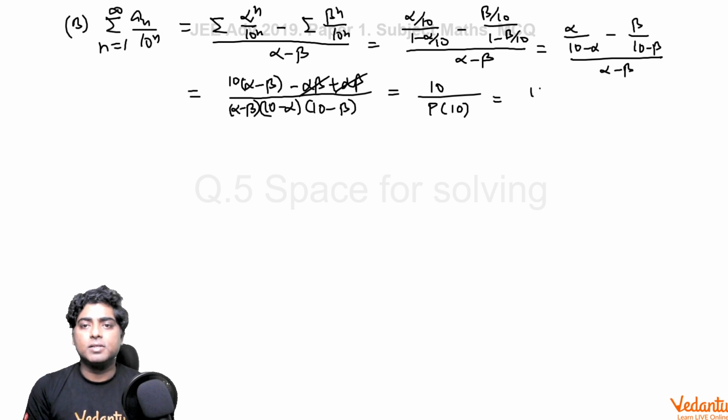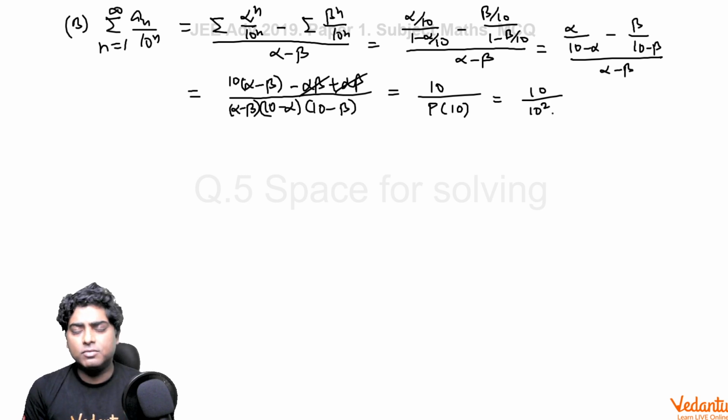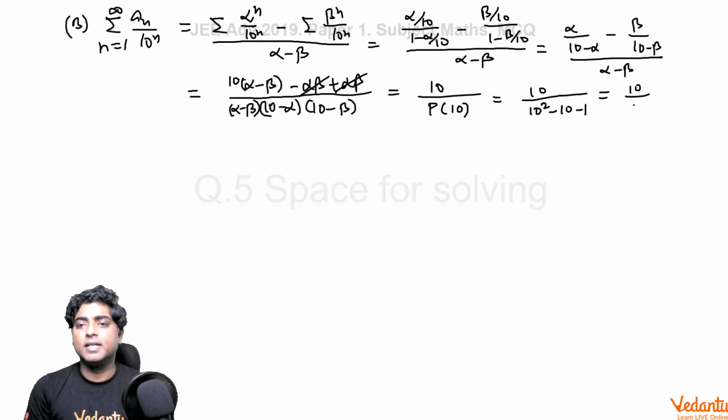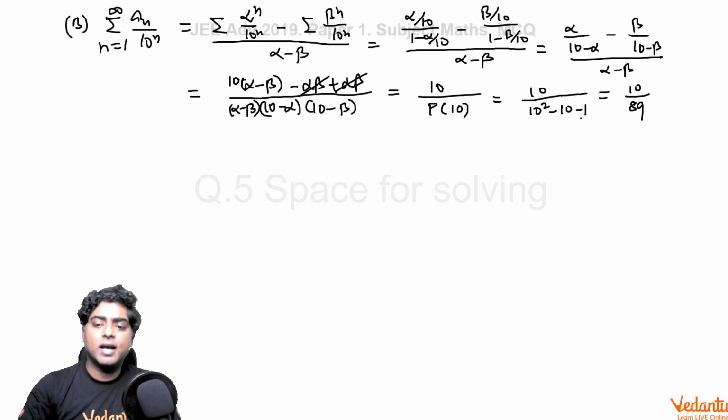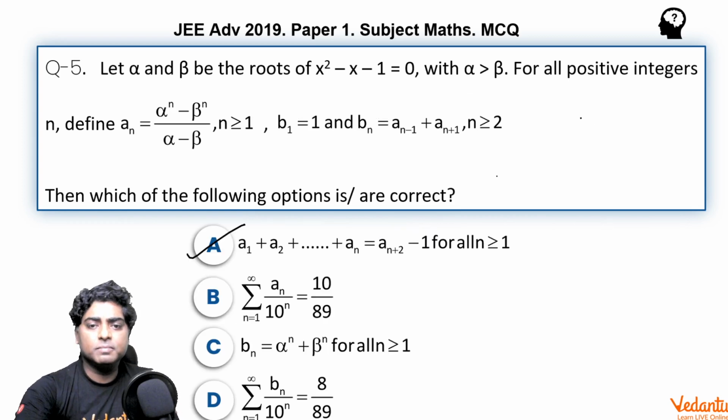So it is 10 upon 10 square, the equation was x square minus x minus 1, so 10 upon 100 minus 11, that is 89. 10 upon 89, and the same thing was given in the right hand side. So option B is also correct.